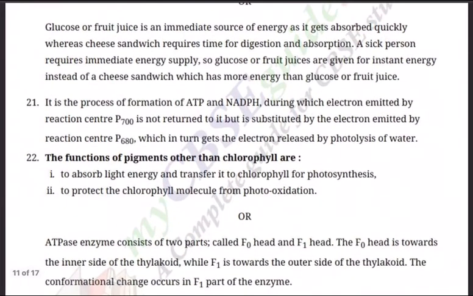Question 21. It is the process of formation of ATP and NADPH during which electrons emitted by reaction center P700 are not returned to it but are substituted by the electrons emitted by reaction center P680, which in turn gets the electrons released by photolysis of water.